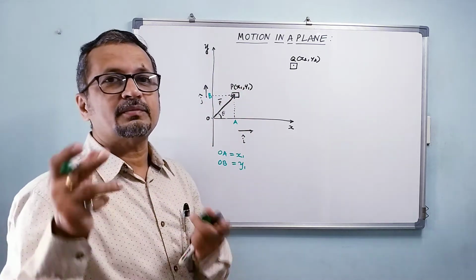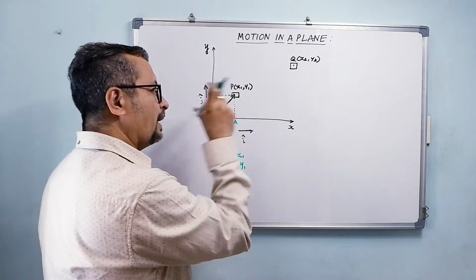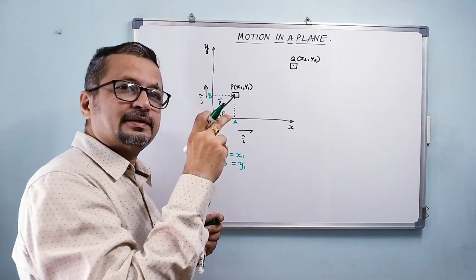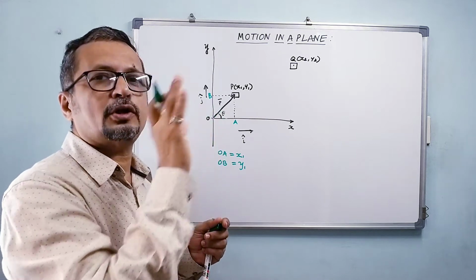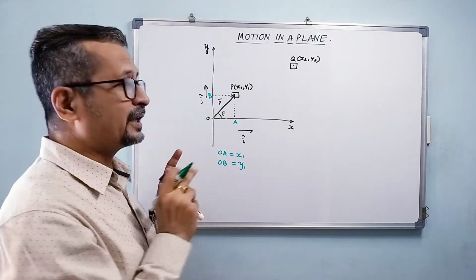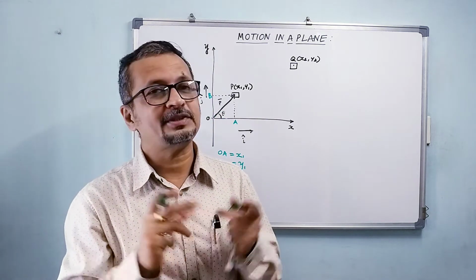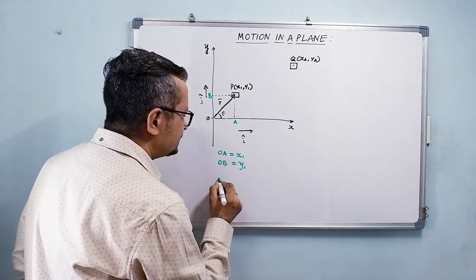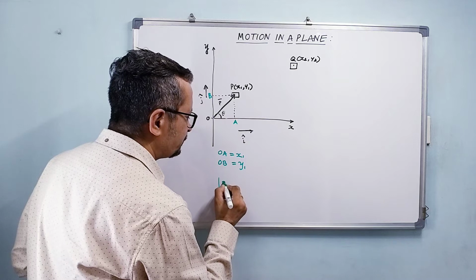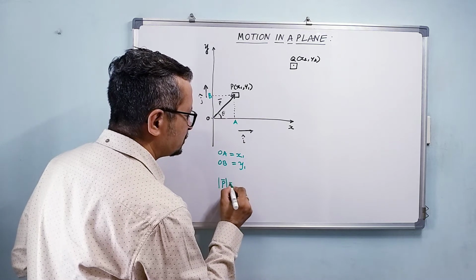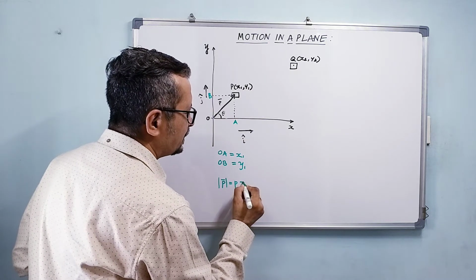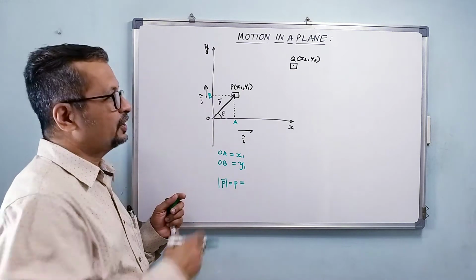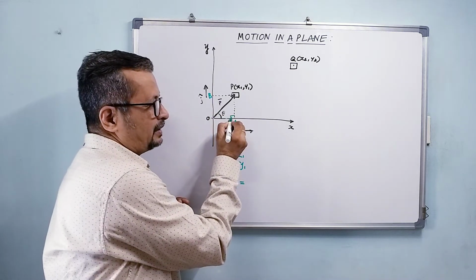Now there is something more to it. I am calling this vector OP bar equal to small p bar. That means the magnitude of OP bar, how much is that? It is P. So the magnitude of this P bar is equal to P. Is this a right angle?